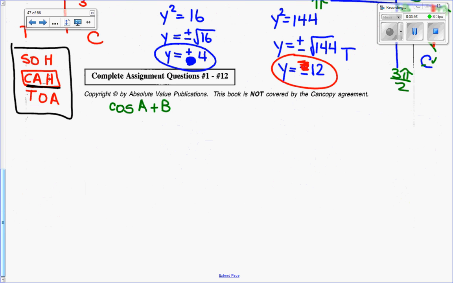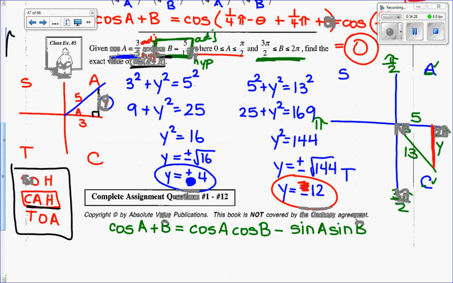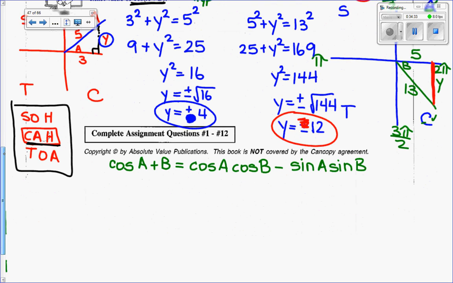Look again on your formula sheet: cos(A plus B) equals cos A times cos B minus sine A sine B. The problem is, we've been only dealing in cosines. How do we figure out sine A and sine B? Well, that's why we needed to figure out what our y's are, because now we can figure out what our sine is.